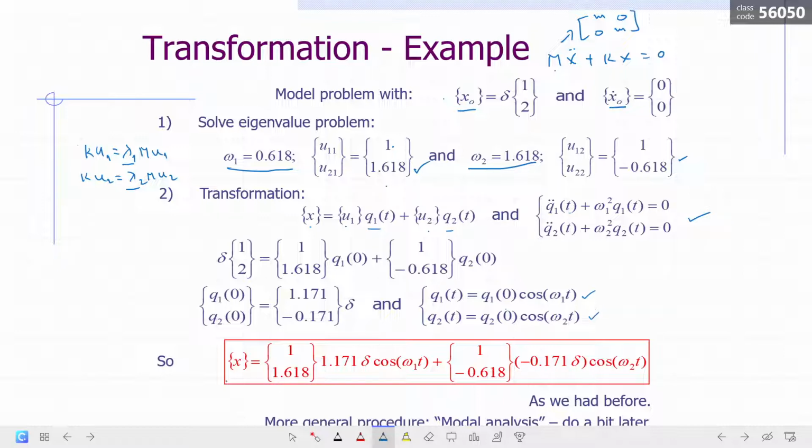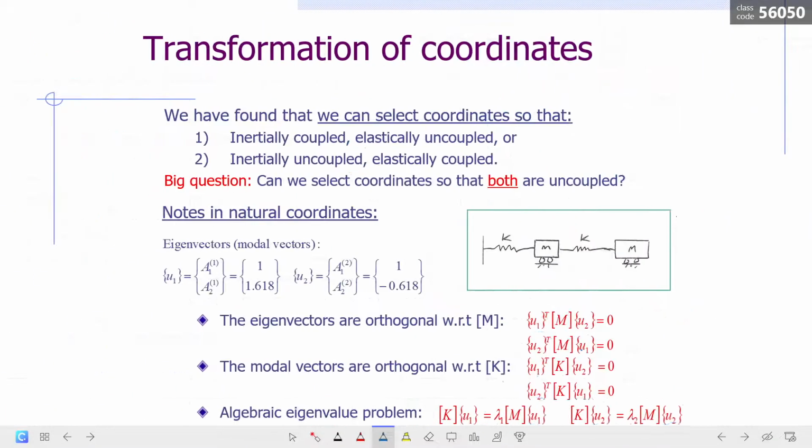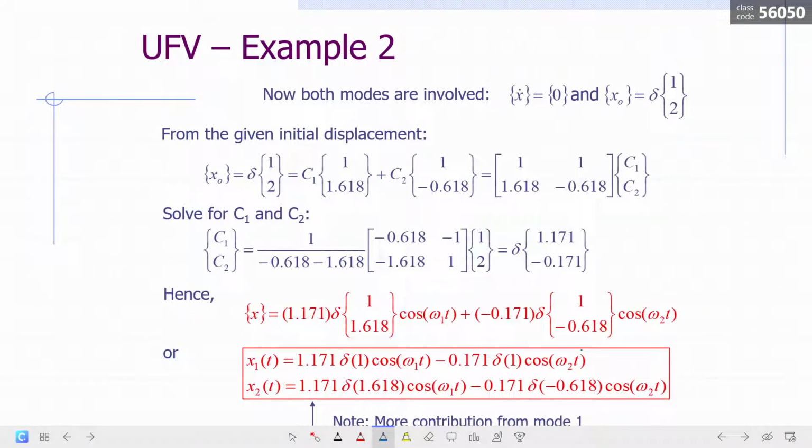Then finally we have the final solution, a combination of u1 and u2 by q1 and q2 like this, the same as the solution that was solved before.